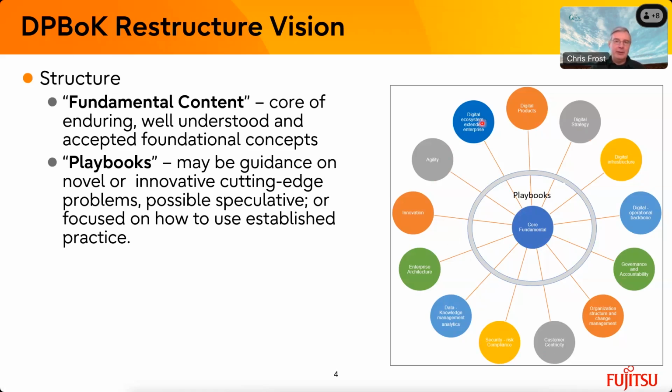Although the writing's rather small on this diagram, you can see perhaps that there are a number of topics written into those playbooks around the edge of the circle. But these were just indicative of the types of things we thought we might want to work on, and not necessarily the playbooks that are currently under development. But they give you an idea of the sort of things we've been talking about.